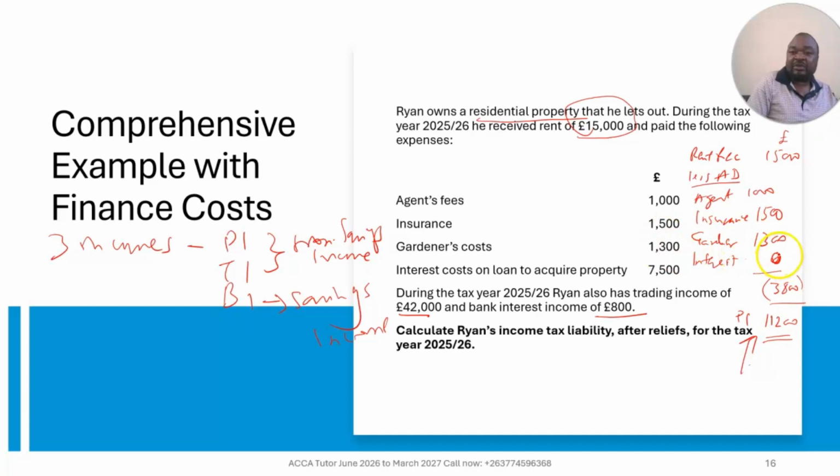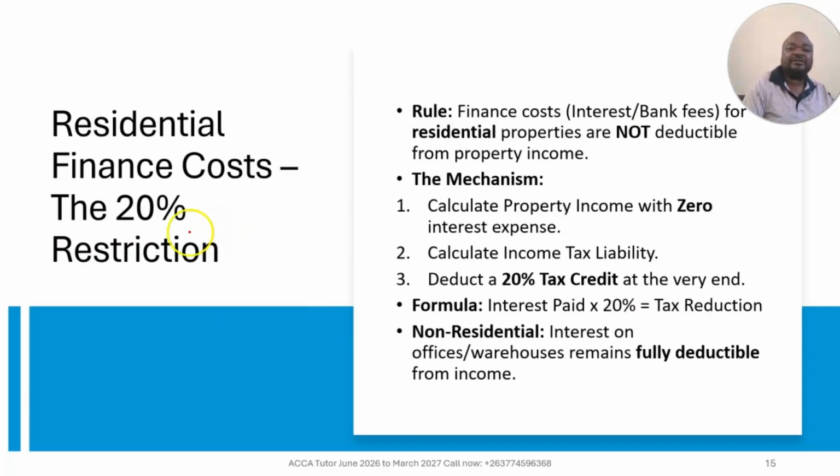We put a zero there. But the tax rules give this person some tax credit on the interest. This tax relief is just the basic rate, the 20%, on the interest itself.